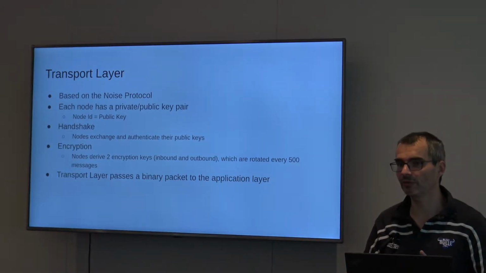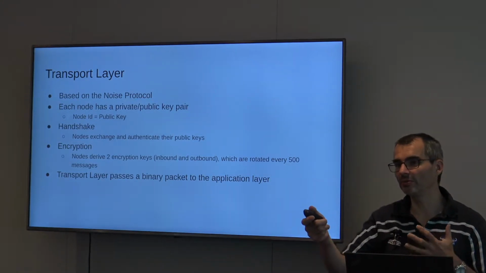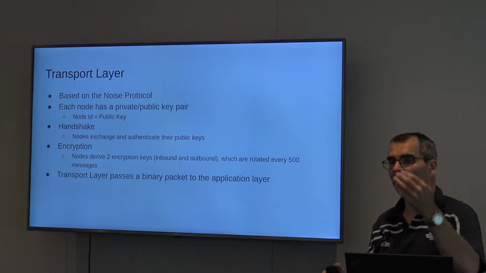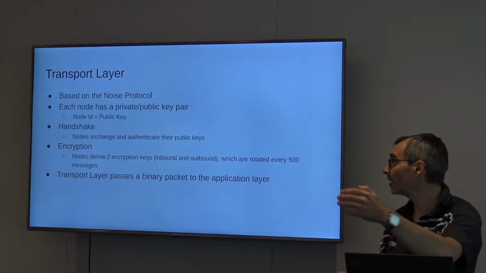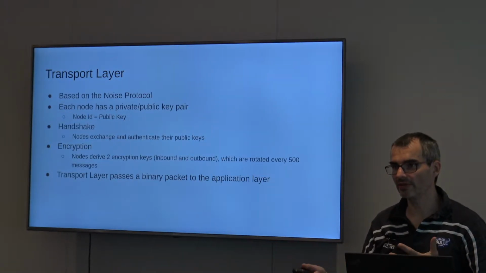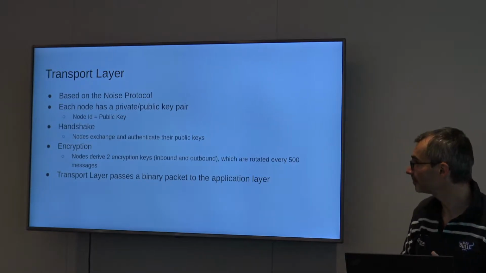And once you've performed the handshake, once you've checked that you're talking to who you really want to talk to, then you derive encryption keys, one for inbound traffic, the other one for outbound traffic, and then everything is encrypted using these encryption keys, which will be rotated every 500 messages.